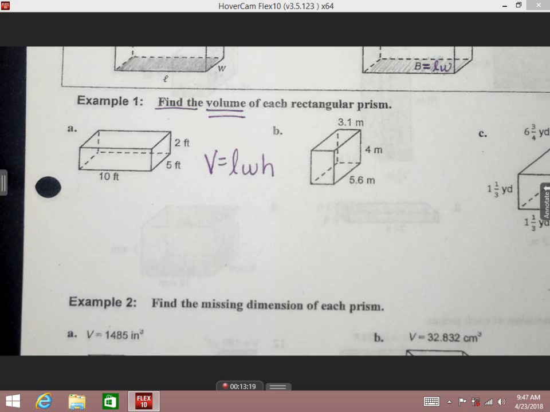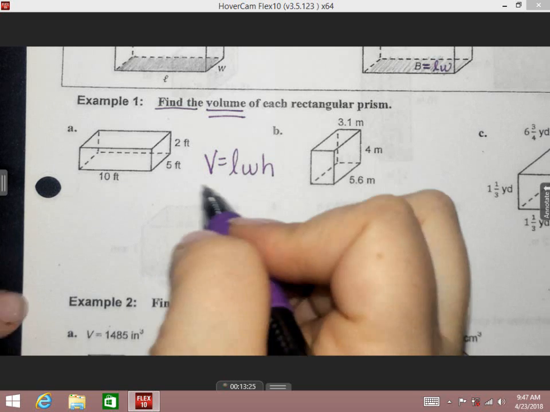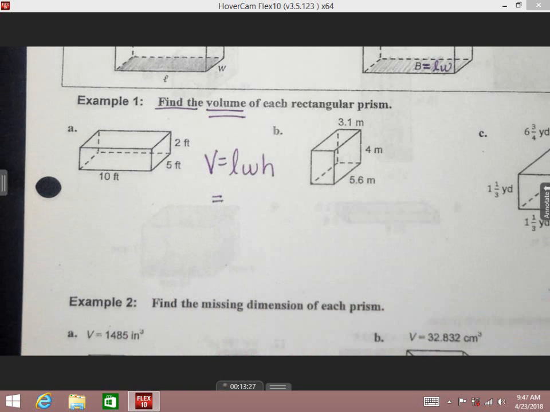No. After you write the formula, now I need the numbers that you're using. All right, now this is where I'm giving my students extra work. I'm sorry. I love y'all. And because I love you, I want you to understand how that height works. Because next year in 7th, 8th grade, if you don't get the height, it's going to be a problem when you get to this, okay?